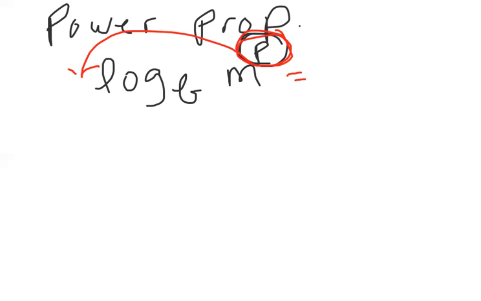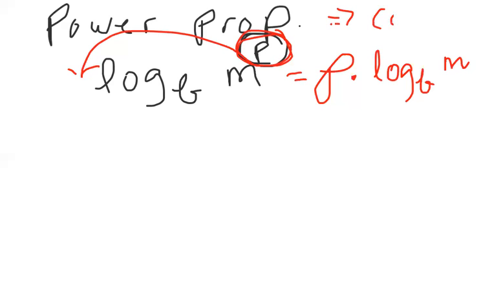So you can rewrite this as p times log base b of m. Once again, guys, when you have a power, the power becomes the coefficient of the log, okay?